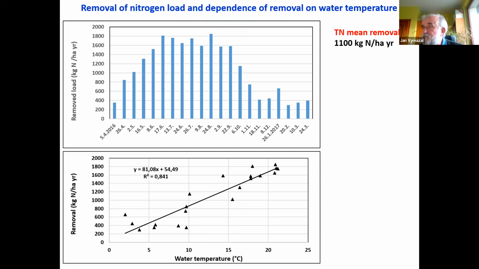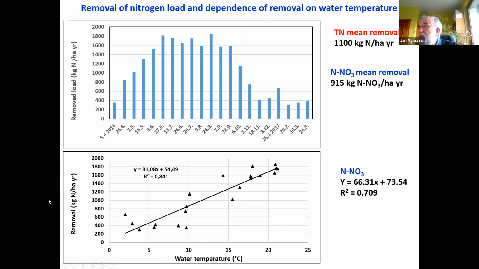Also, we have this number. So again, the average removal was about 1,100 kilograms nitrogen per hectare per year. More or less everything was in the form of nitrate, and we have a very good relationship between water temperature and removal. But we still achieved some removal during the cold months of the year.